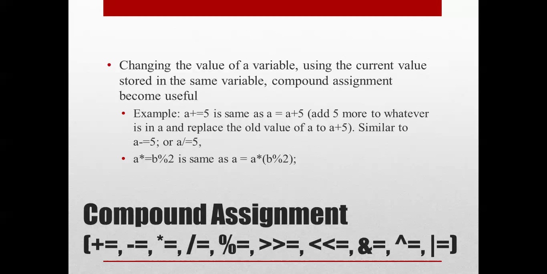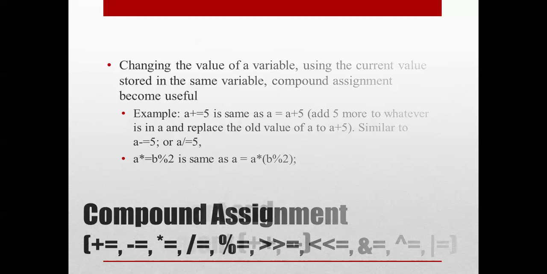And so a minus equals 5 means subtract 5 from whatever is in a and store that value in a. Or a divide equals 5, same thing. And also a times equals b modulo 2 is the same as saying a equals a times whatever is the remainder when b is divided by 2.